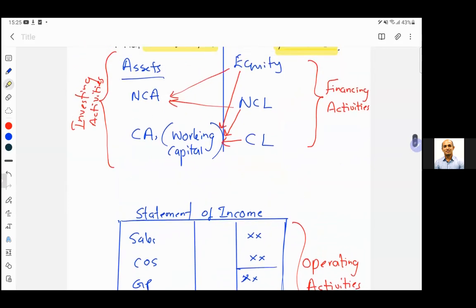Therefore, in the accounting analysis, you know the objective of accounting analysis. You are going to make the financial statement suitable for the analysis.